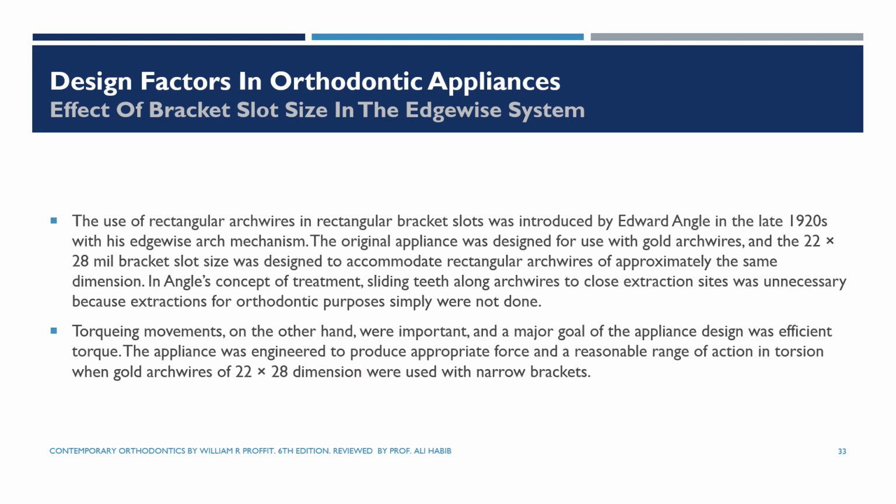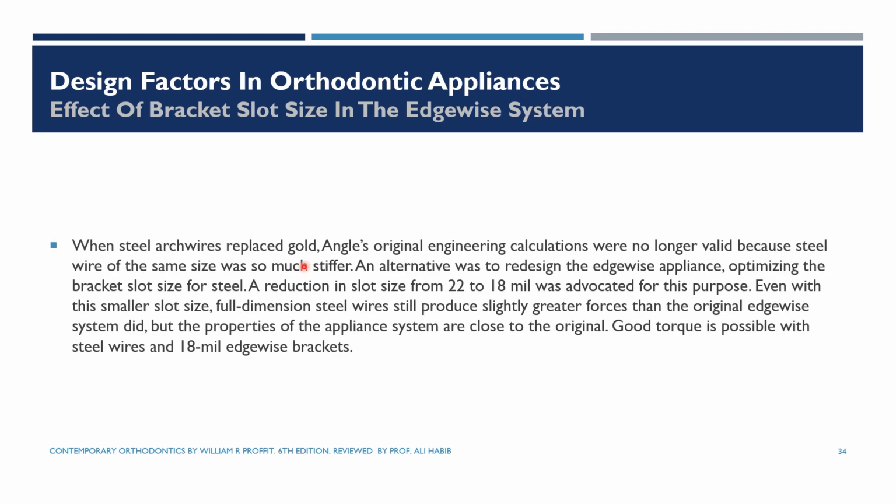With stainless steel wire, the 0.022 wire was very stiff because it was different than gold, and adequate stiffness was in the range of 18 mil. So that's why people wanted to reduce the size from 22 to 18 mil bracket. That's why we now have two sizes of brackets.